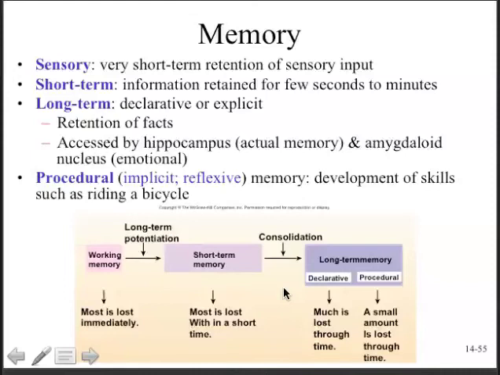And we know this because there are patients that have memory deficits that are of specific types. You'll have people that have long-term memory deficits and people that have short-term memory deficits. An example of somebody that has a short-term memory deficit might be somebody with dementia, where they can recall what happened long ago, but they can't recall what's happening from moment to moment.